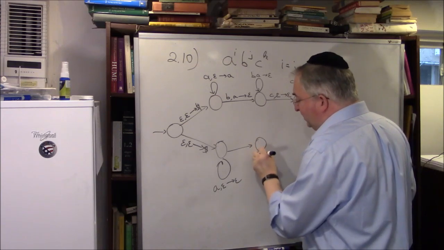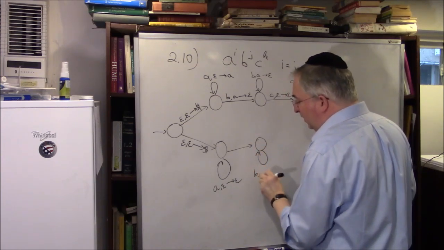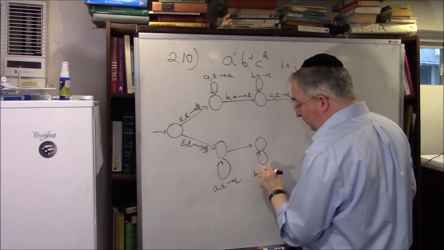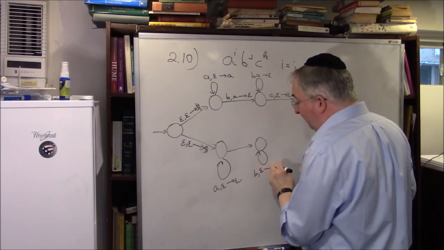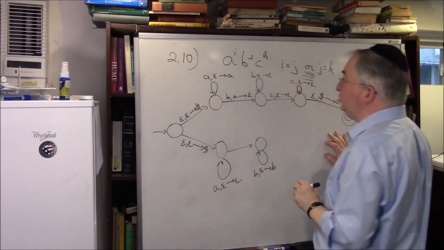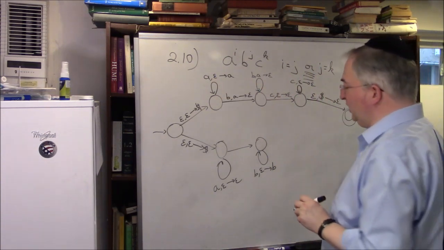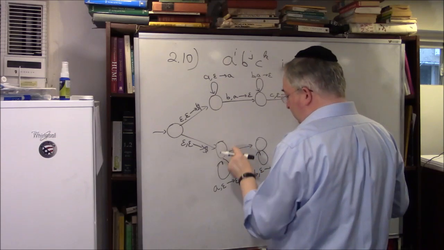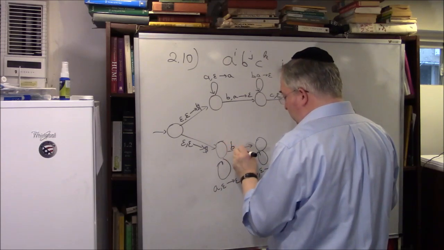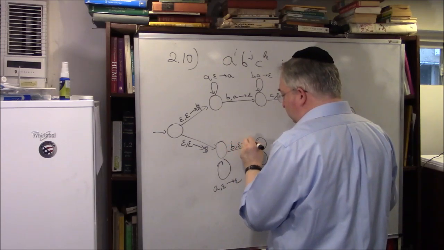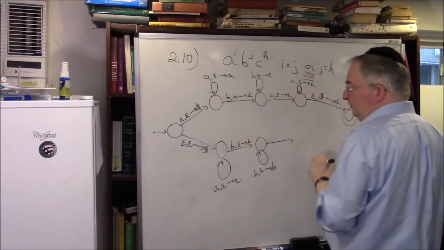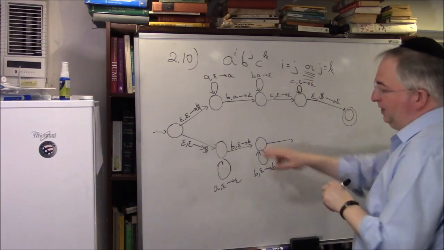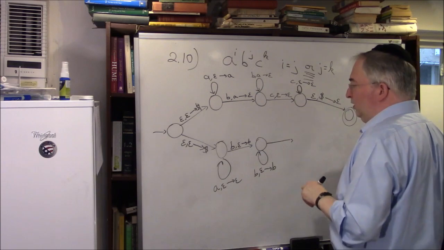Now, when I see a B, don't pop anything, but I want to push on the B's, just like over here I pushed on the A's. Okay, great. Oh, I need something here. What should we do? How about this? B, comma, epsilon to B. Okay, next. I could have made this into an epsilon move. Okay, next.